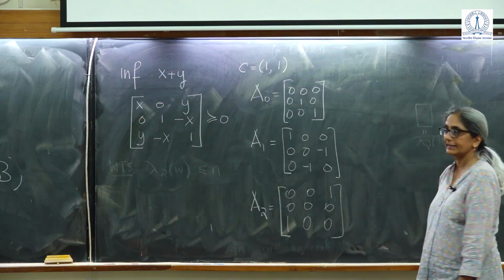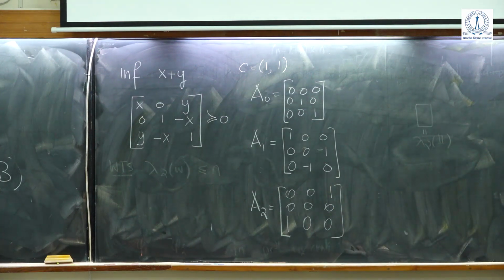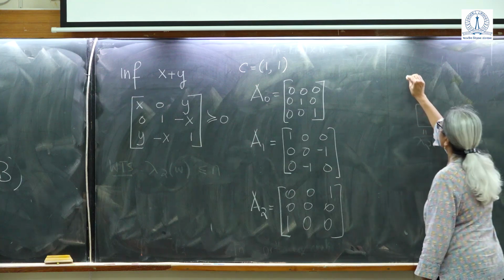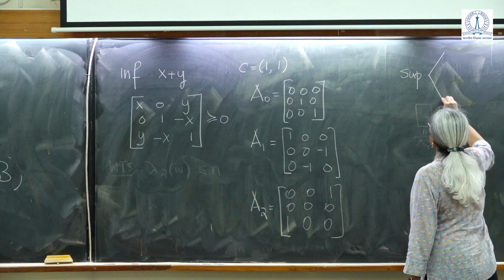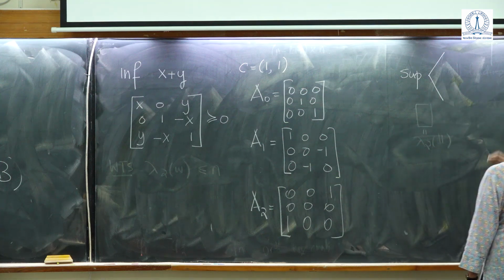That's all the data that's coming with the primal problem. Now I want to construct the dual, which is a sup, first of all, and let's just write it like this to begin with.